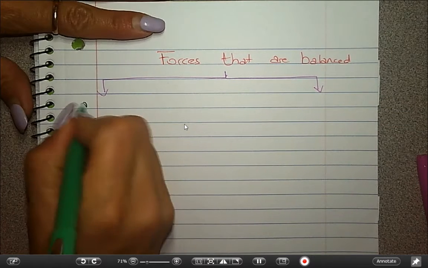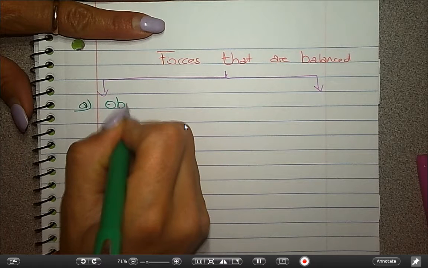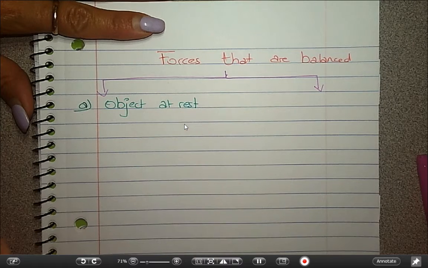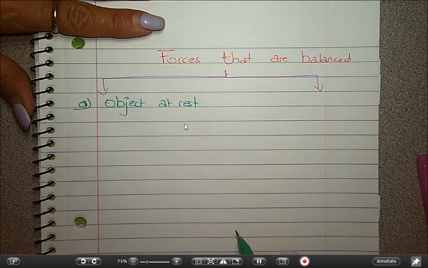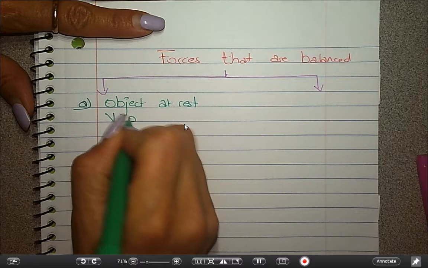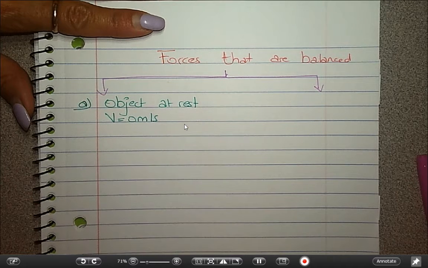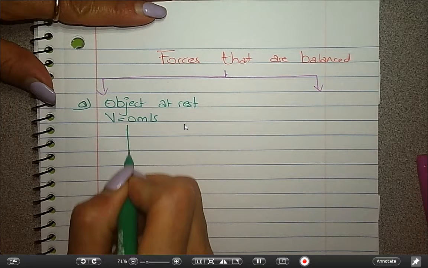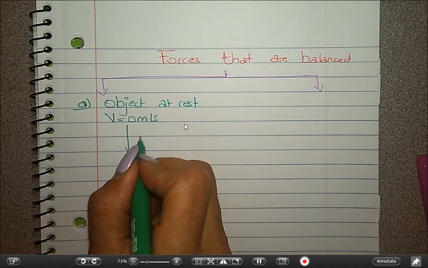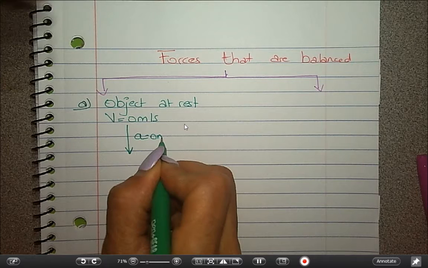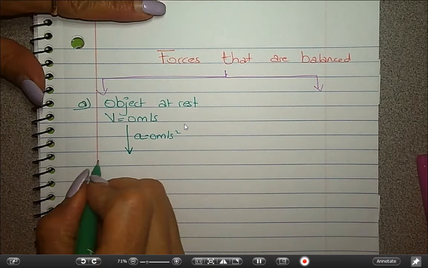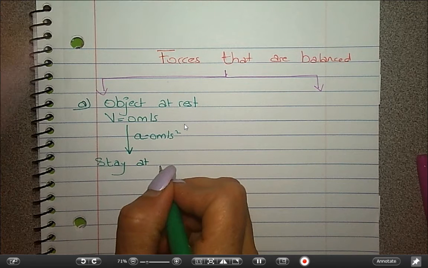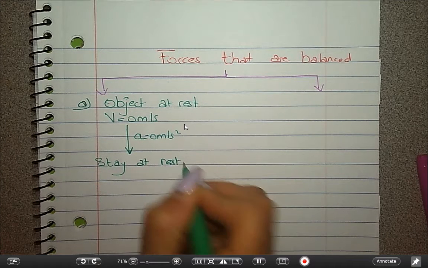First one is the object at rest. What do we mean when we say object at rest? It means the velocity is 0 meters per second and there is no change in velocity or speed. That means your acceleration is 0 meters per second squared, and this will keep my object at rest.